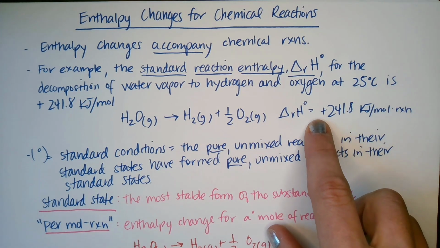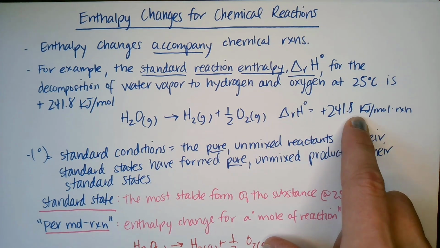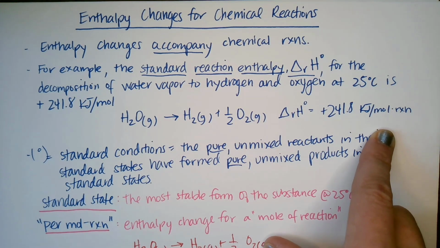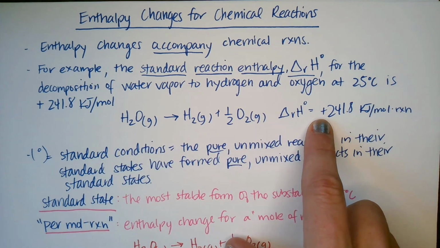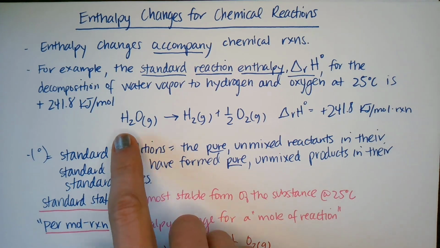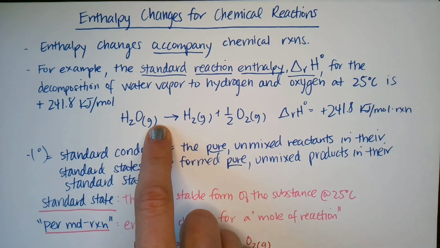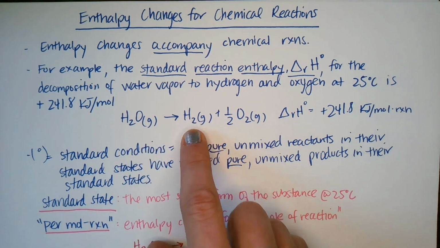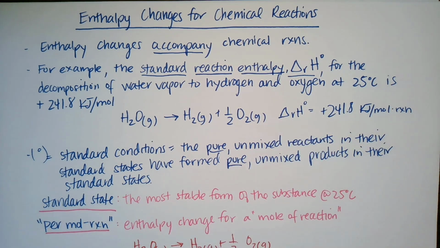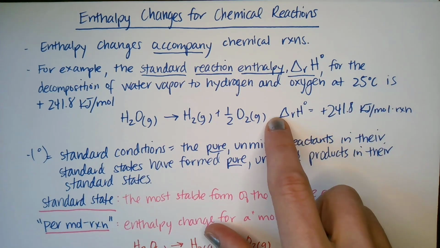For the decomposition of water vapor to hydrogen and oxygen at 25 degrees, it is plus 241.8 kilojoules per mole for the reaction. Because it's positive, this shows us that it is an endothermic reaction. The decomposition of gaseous water into gaseous hydrogen and oxygen is an endothermic process.